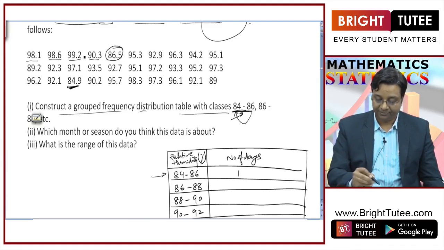One. We are looking for numbers that are 86 or more but less than 88.